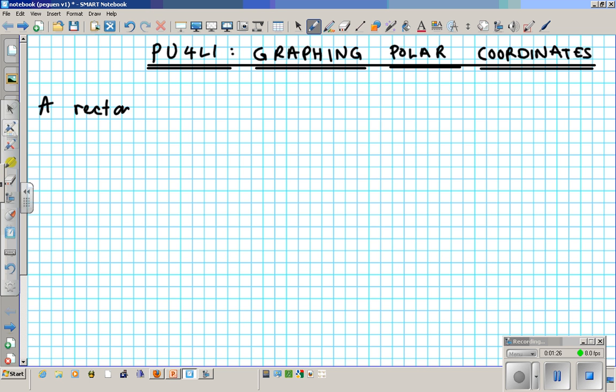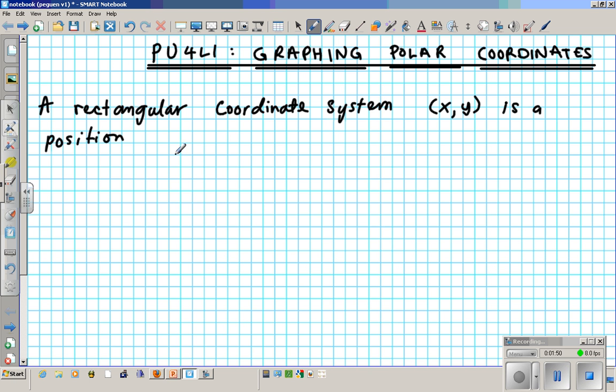A rectangular coordinate system, given by x, y, is a position of an object from two fixed points.